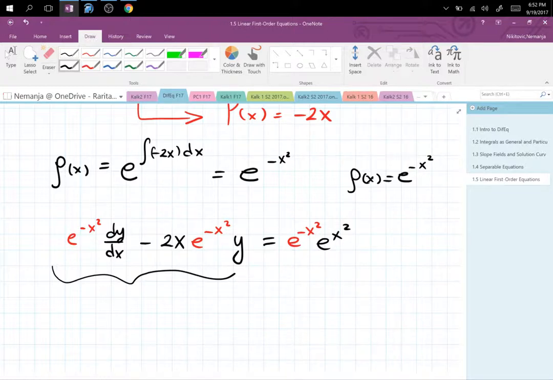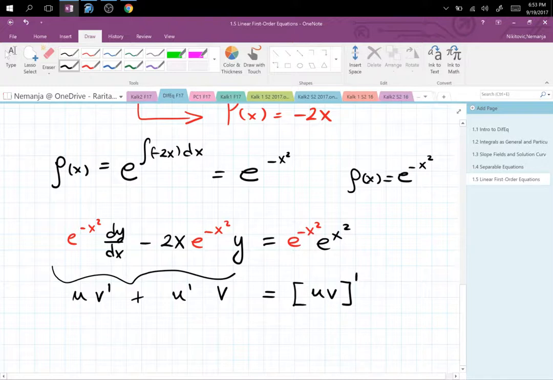So what are the pieces over here? I have u v prime plus v u prime. Well, in this case, it's u prime v. And I know that that collapses into uv everything prime.